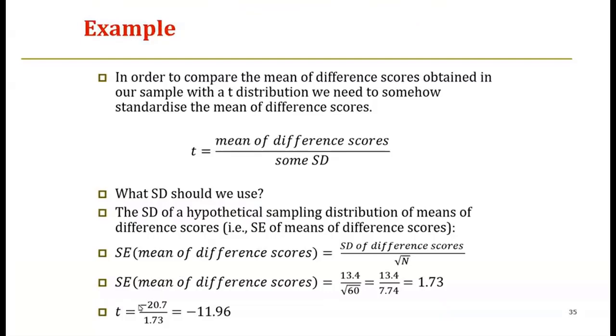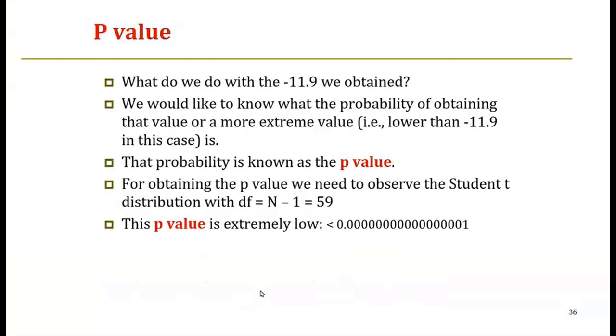And then when you do the difference, minus 20.7 divided by the standard error, this gives us negative 11.96, which should be significantly different.